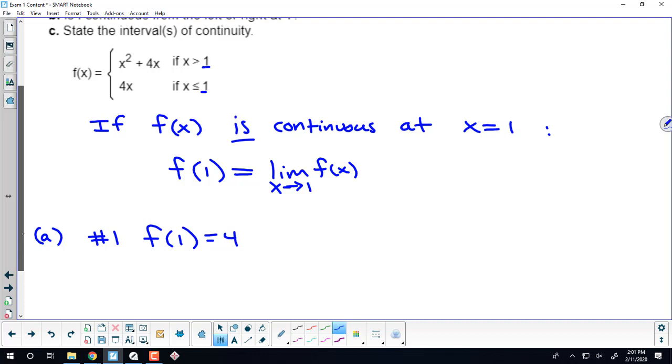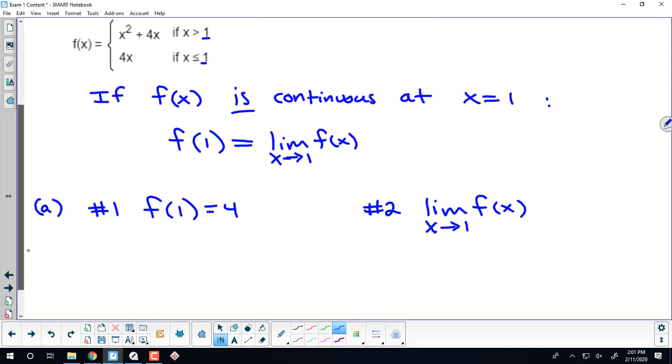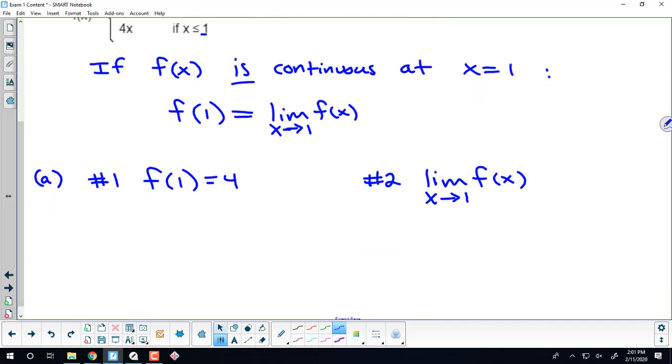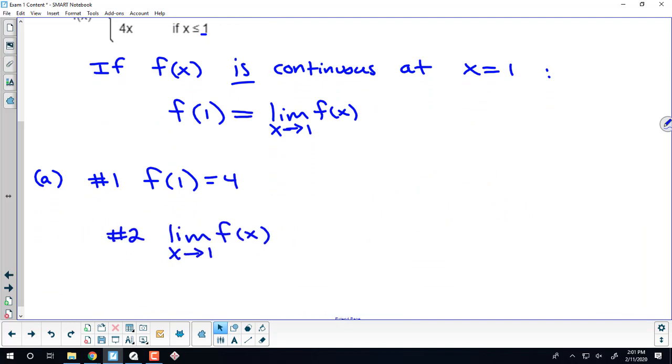Okay, continuity checklist item number 2 says we've got to compute the limit as x approaches 1 of f of x. Maybe I'll write this below. How do we do this? How are we computing this limit? From the left and from the right, does everybody agree that we have a one-sided limit here?